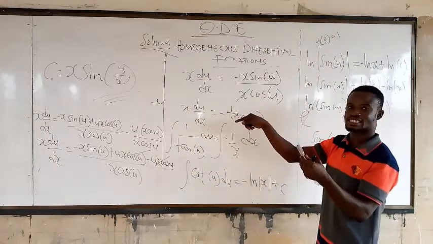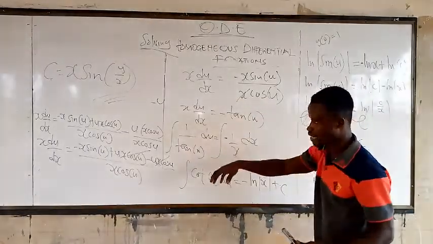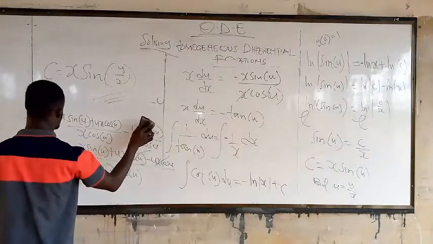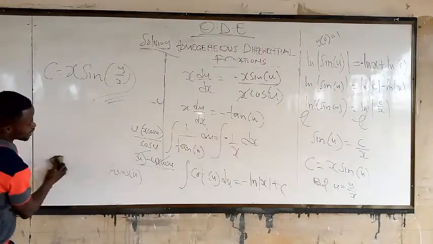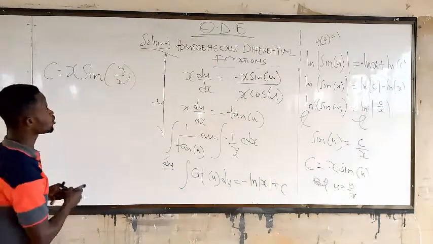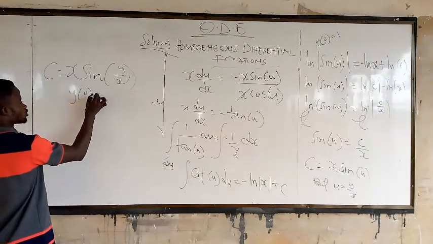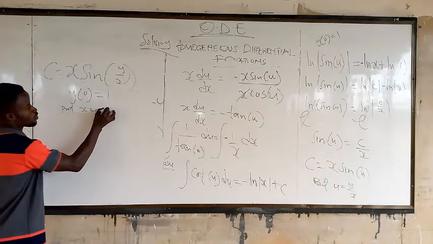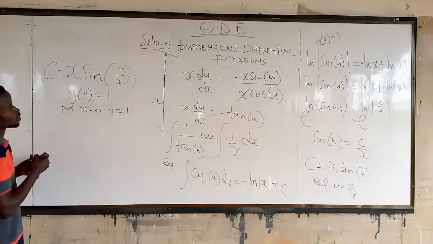And after finding the c, you come and do the substitution back. Let's try and see. Let's assume the initial value is given to us. So for y(0) = 1, you put x to be equal to 0, you put y to be equal to 1.